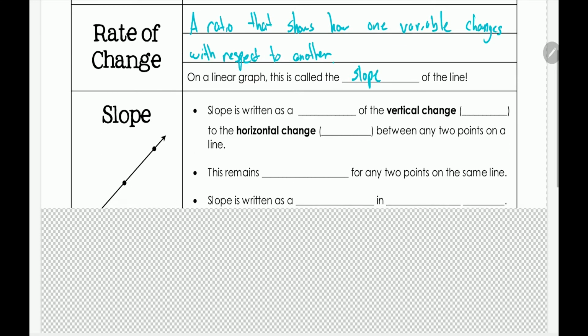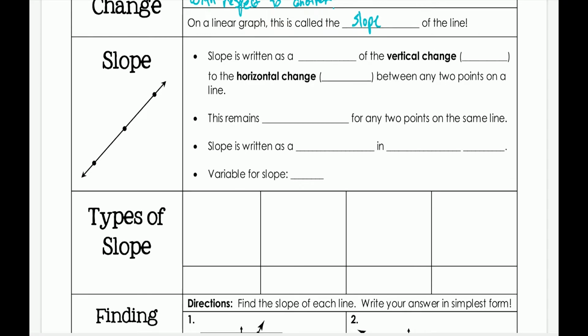And you might be asking, well, what is slope? Well, slope is written as a ratio of the vertical change, or in other words, the rise, to the horizontal change, the run, between any 2 points on a line.